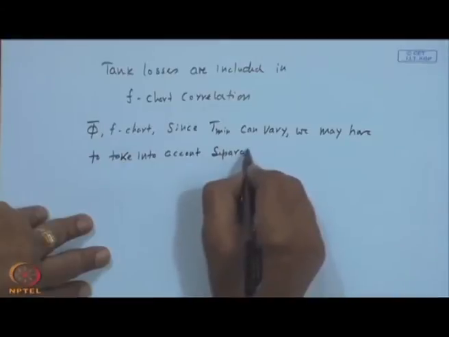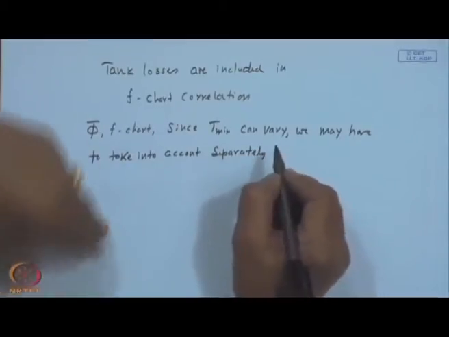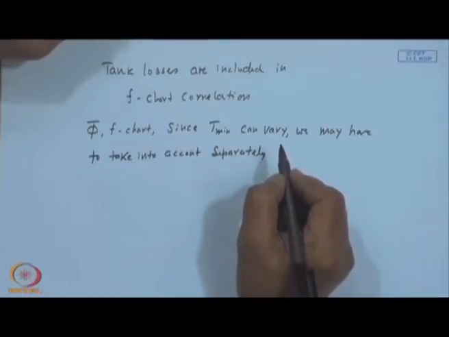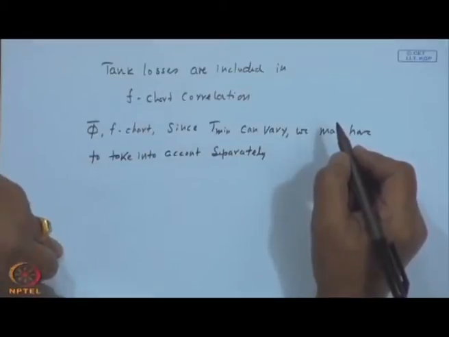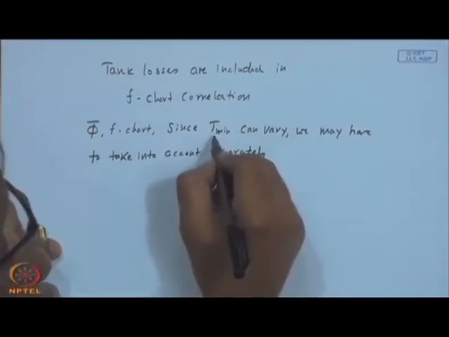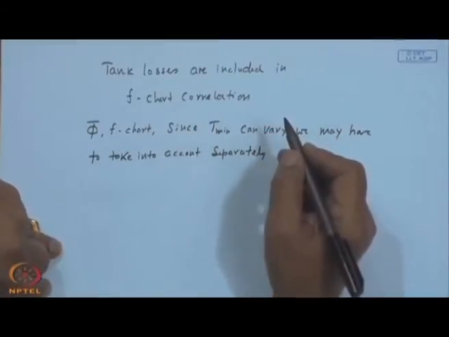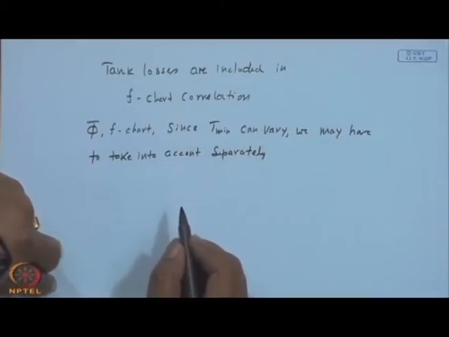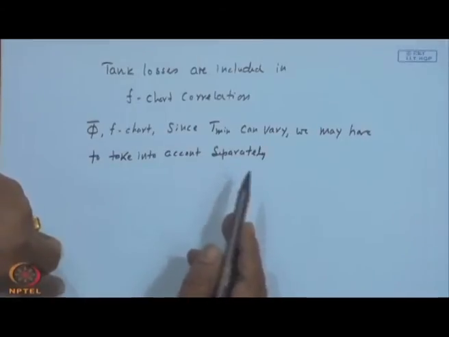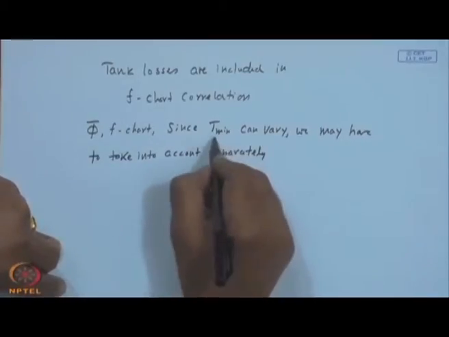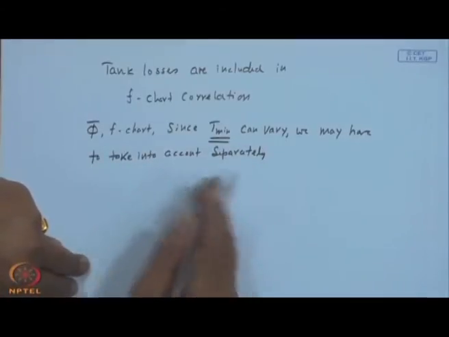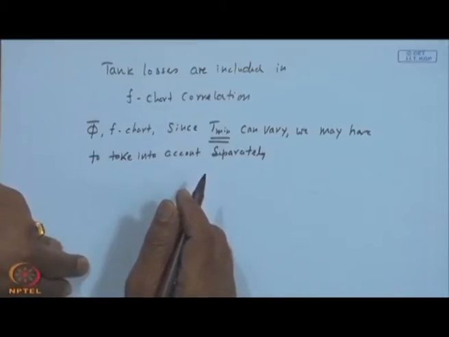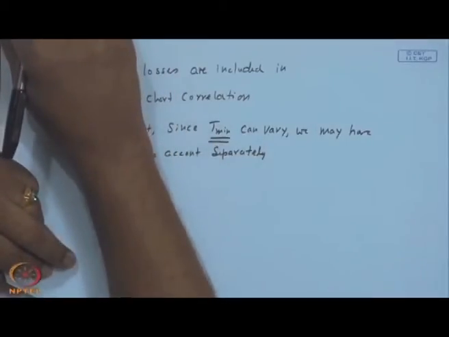In other words, F chart being applicable for energy delivery above 20 C, one can expect some sort of uniform, proportionate losses, whereas if T minimum varies from 20 to 60 to 80 C, my tank losses could be quite significantly different. So, you may have to include separately. Similarly, heat exchanger also, depending upon the temperature and the load condition, its effectiveness and its transfer capability may be varying. So, once again we include heat exchanger.